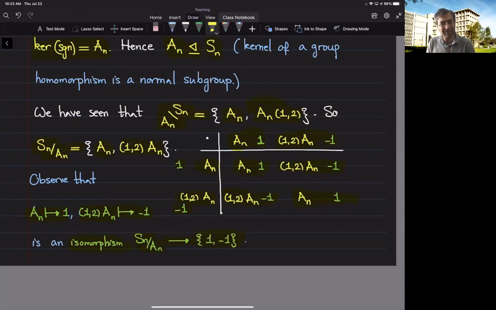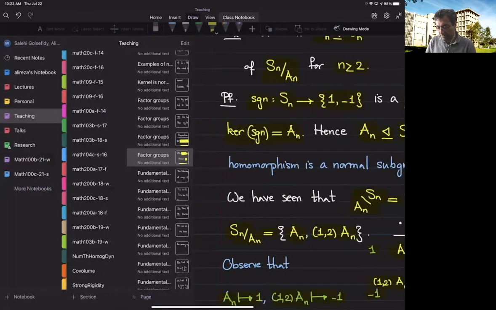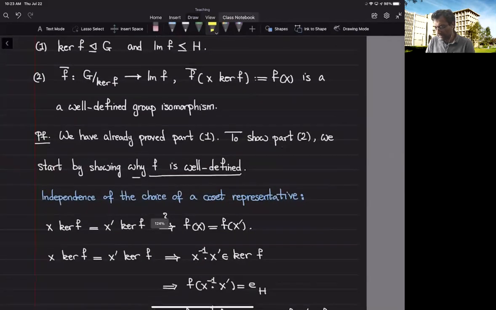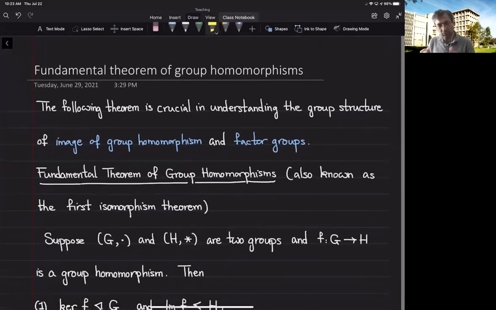Next, we want to generalize this. This is not a particular fact only for the alternating group. This is an important fact in group theory, and in this course we call it the fundamental theorem of group homomorphisms, but the more common name is the first isomorphism theorem, because there are second and third isomorphism theorems as well, but those ones we do not discuss, and they are essentially corollaries of the first isomorphism theorem.